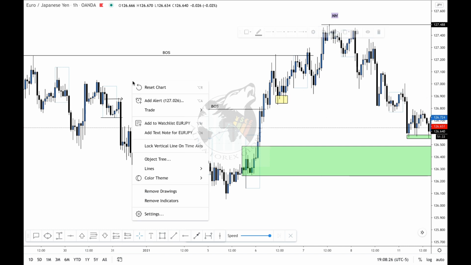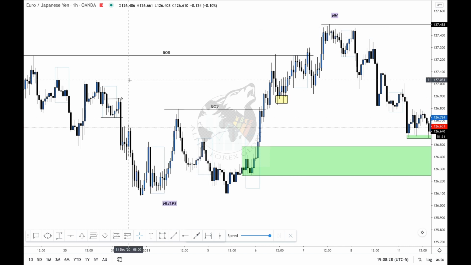Remember the rules: whether it be an order block or an inefficient area or a gap, you must have that violent move to signify that there's a lot of liquidity here in the market and banks manipulating, buying to sell or selling to buy. In this case, they bought and sold, breaking structure.